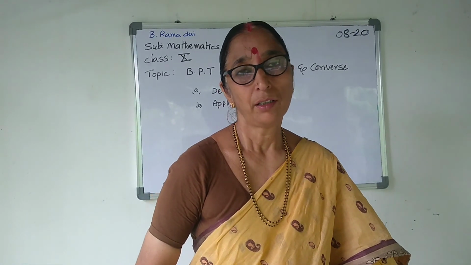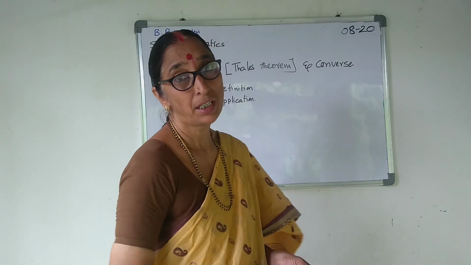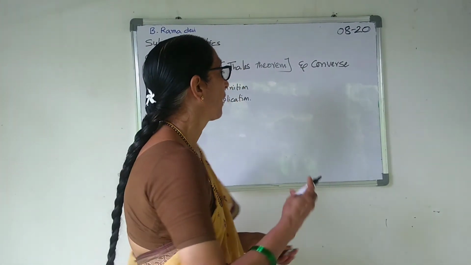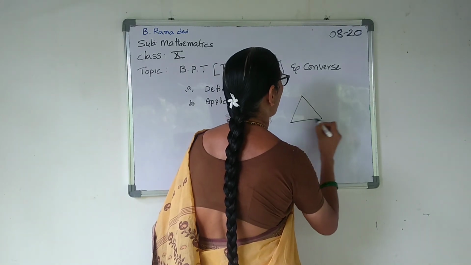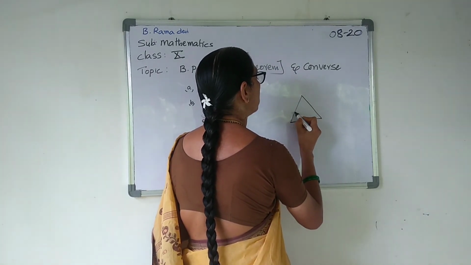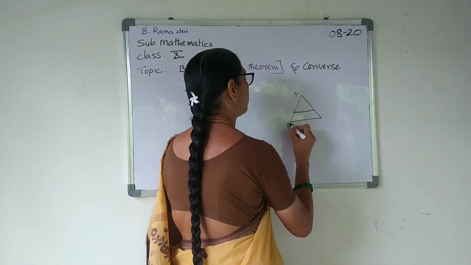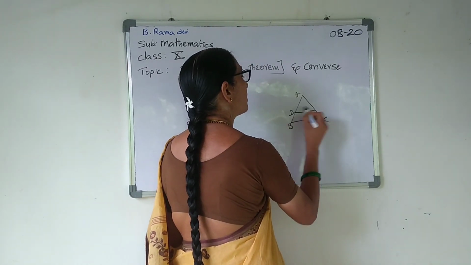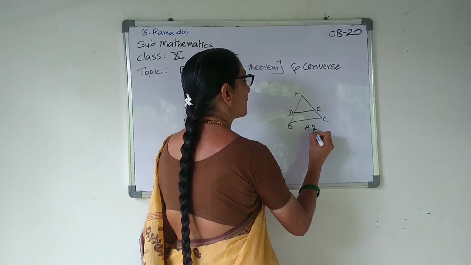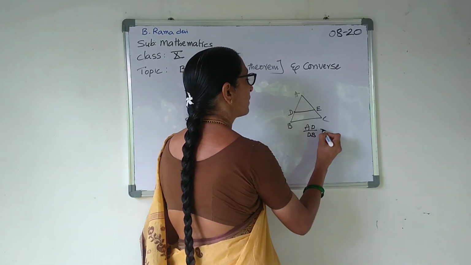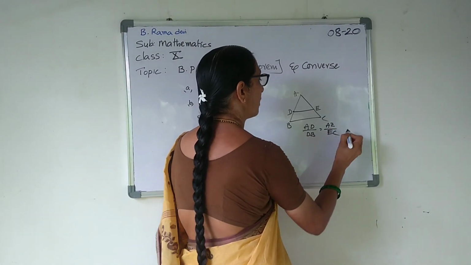Now, its converse. Converse means reverse statement. In a triangle, if a line divides the other two sides, it means AD by DB is equal to AE by AC.